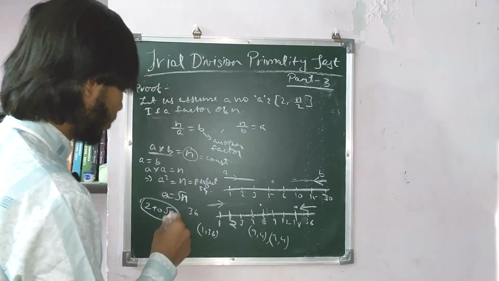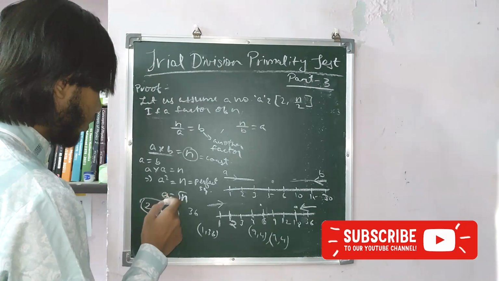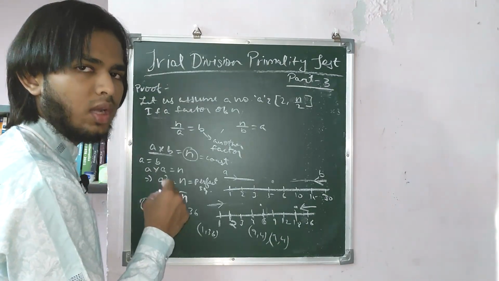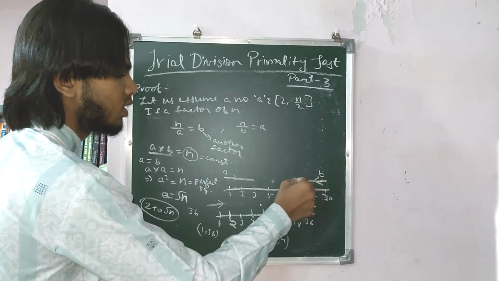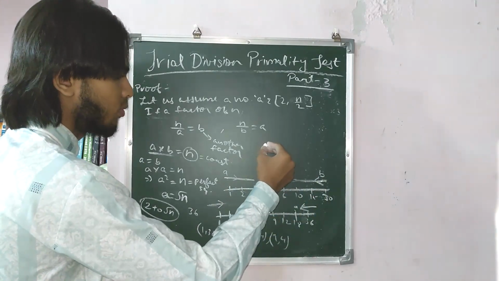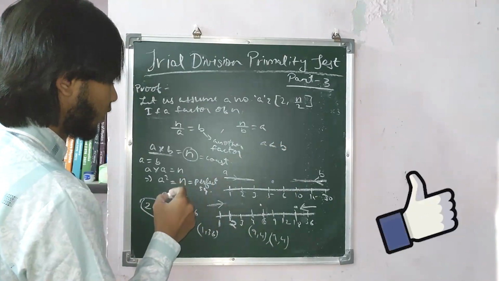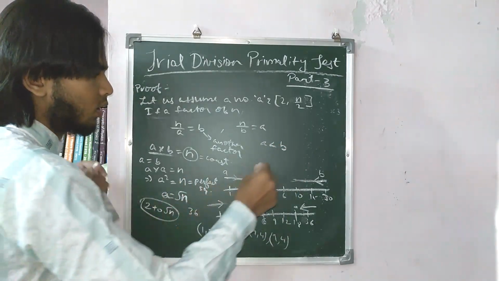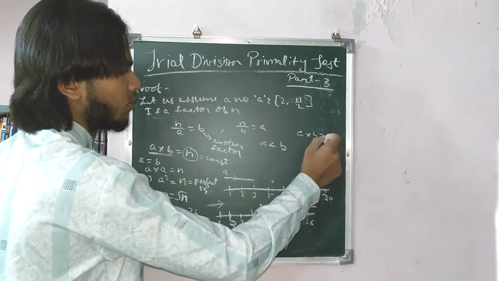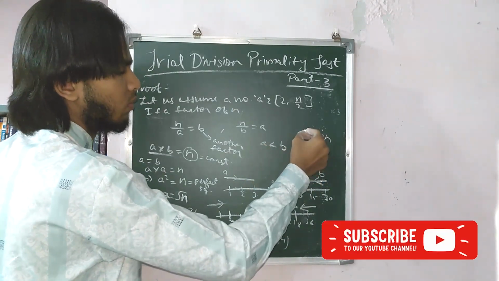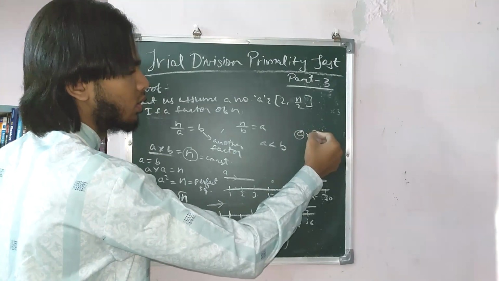And in case of non-perfect square number, a and b will never be equal, and since a is increasing and b is decreasing, a will always be less than b, so that we will get a times b equals to n, because when this is less, this has to be greater.